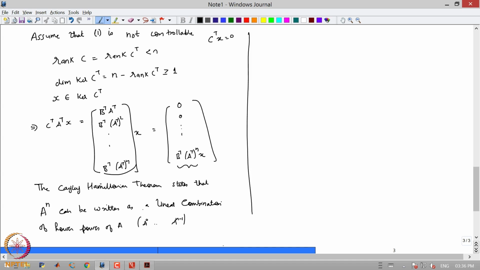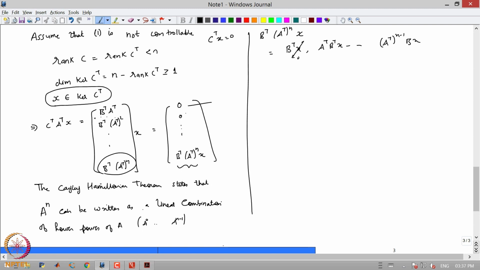Therefore, what is the problematic term here? This term times x, B transpose A transpose to the power n x, can be written as a linear combination of B transpose x, then A transpose B transpose x and so on until A transpose to the power n minus 1 B transpose x, and all of these terms go to 0 because x belongs to the kernel of C transpose, right.